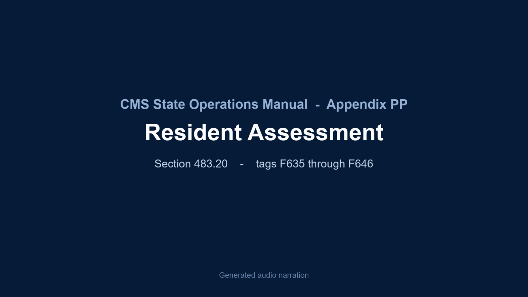The scope of the RAI does not limit the facility's responsibility to assess and address all care needed by the resident. The information required in Section 483.20(b)(1)(ii) is incorporated into the MDS, which forms the core of the RAI process.